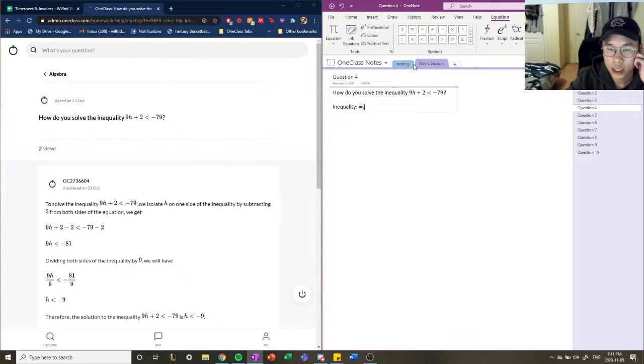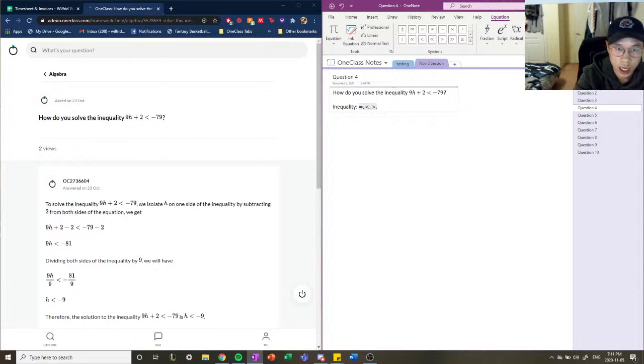The next sign is the one right here, which is less than, which is a statement that says the left side of the equation will always be less than the right side, which is negative 79. The opposite also applies. There's an inequality that says that the left side will always be greater than the right side. And you can see which way it is because the arrow is pointing towards the lesser quantity.